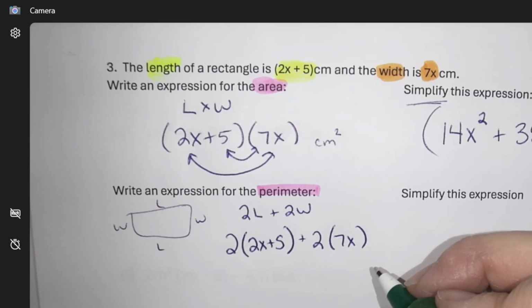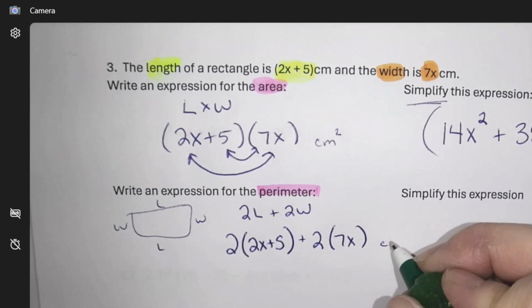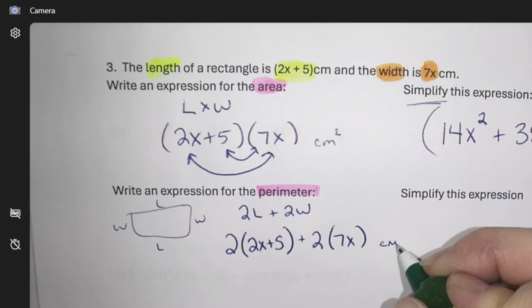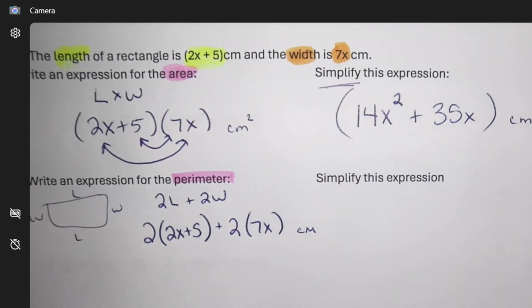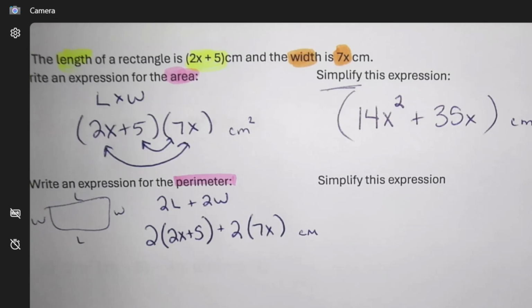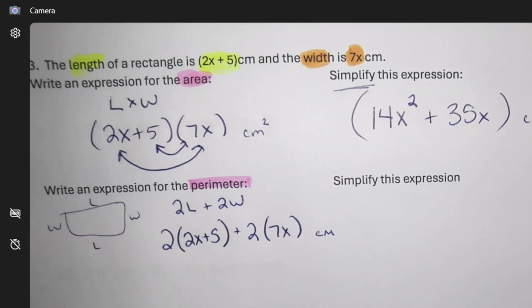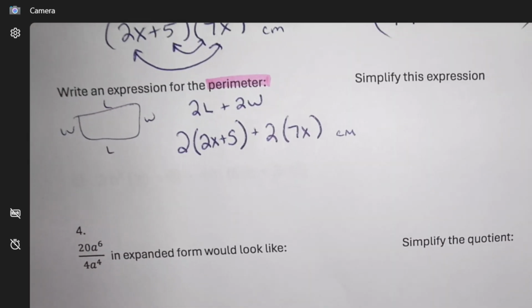What should you put at the end as a measurement? I don't want centimeters squared on this because it's just perimeter distance. So just centimeters. Okay, simplify this expression. So that means I have to do all the math. What should we do in the first stages?